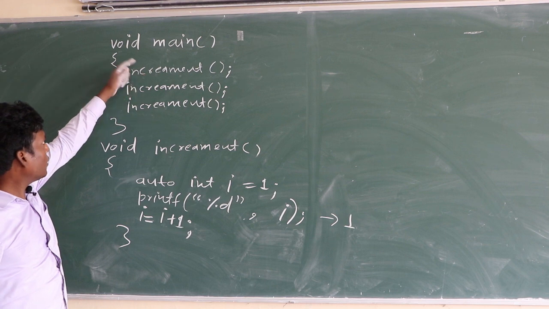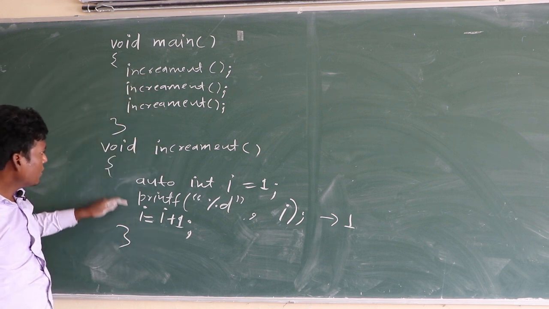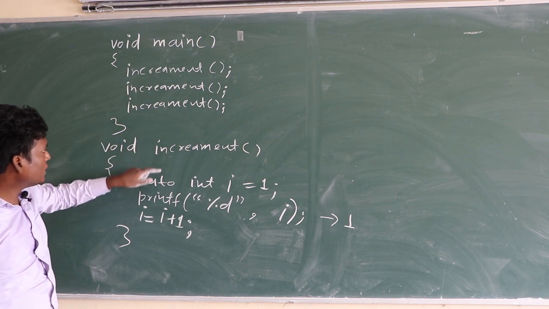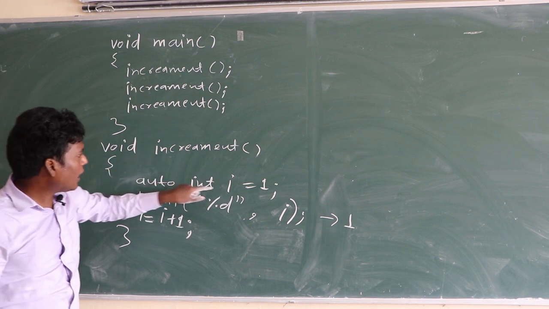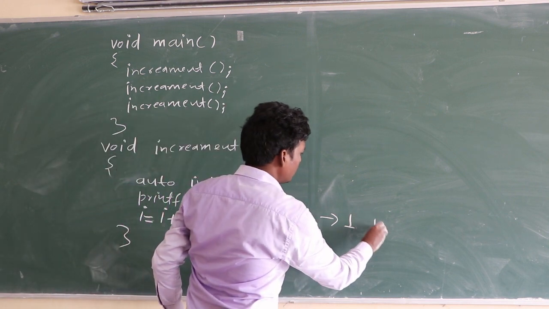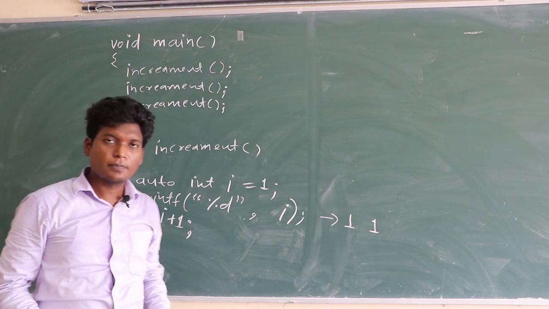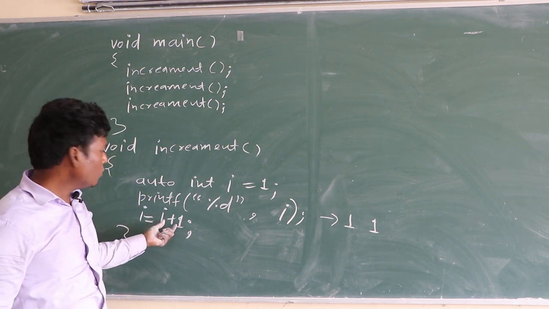When control again goes to there, control will be here. Again this function is called. In this situation, auto int i equal to 1. Again value 1 will be printed. You may think i's value is 2, but not, because its value is washed.